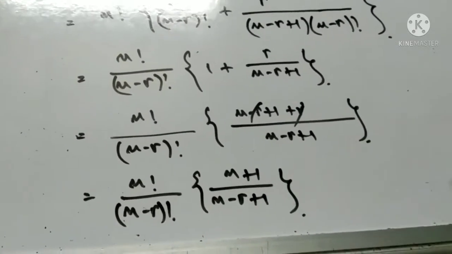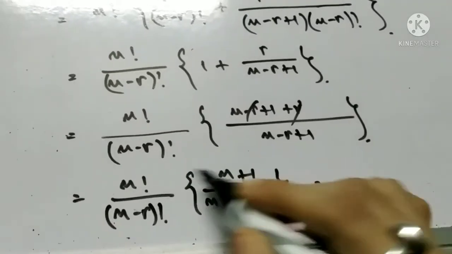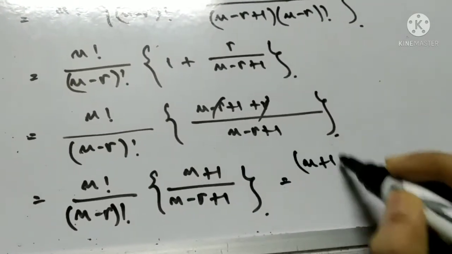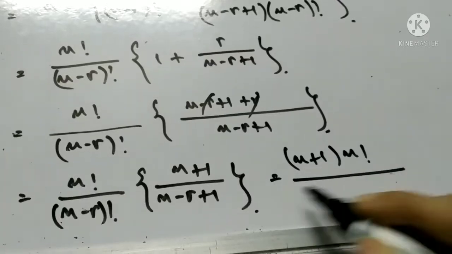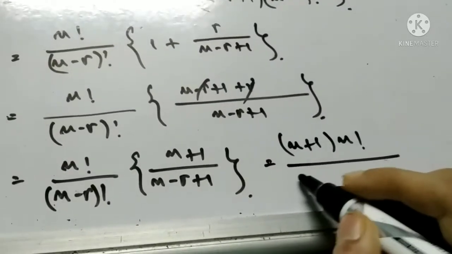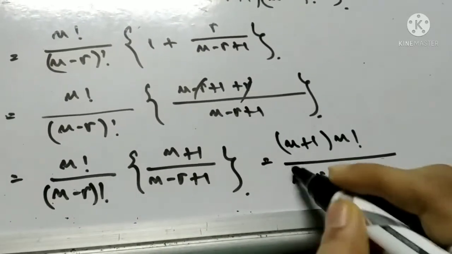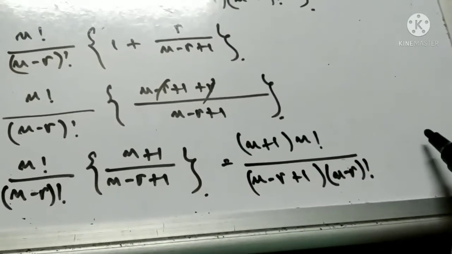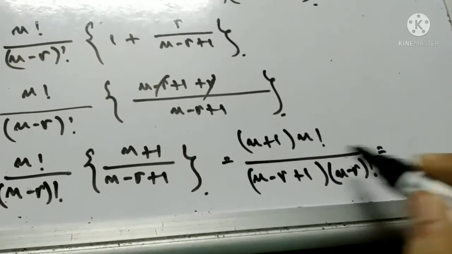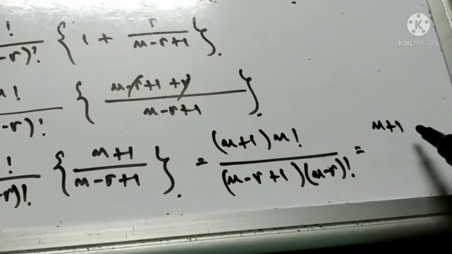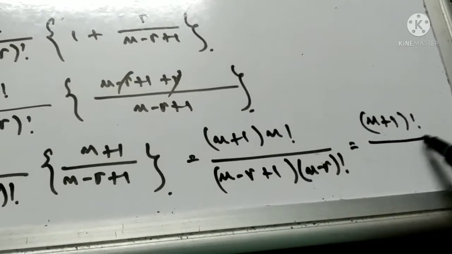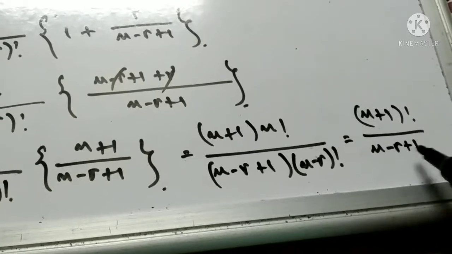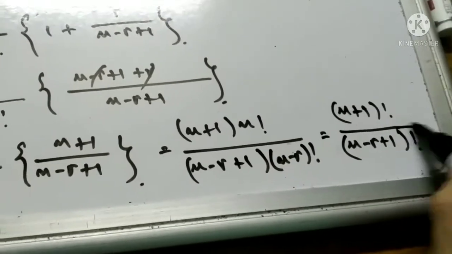This I got. I will write it this way: (n plus 1) into n factorial by (n minus r plus 1) into (n minus r) factorial. So this whole thing becomes (n plus 1) factorial by (n minus r plus 1) factorial.